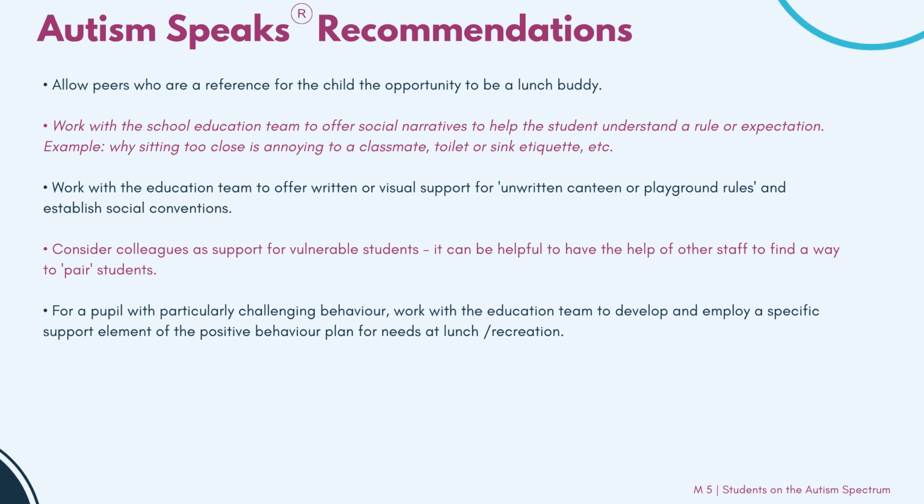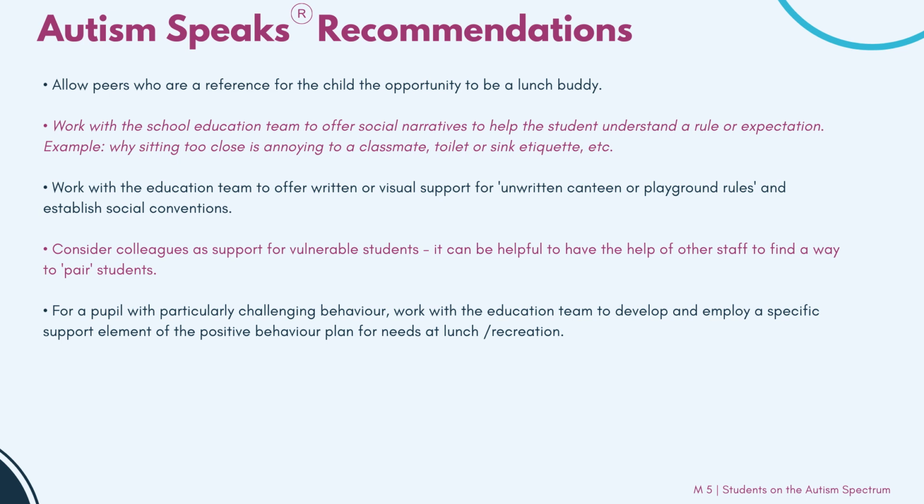Work with the school education team to offer social narratives to help the pupil understand a rule or expectation. For example, why sitting too close is irritating, classroom, toilet or sink etiquette, etc. Work with the education team to offer written or visual support for unwritten canteen or playground rules and establish social conventions.